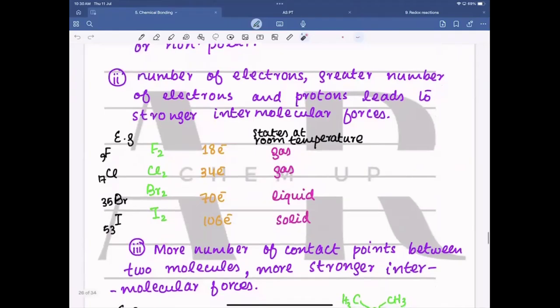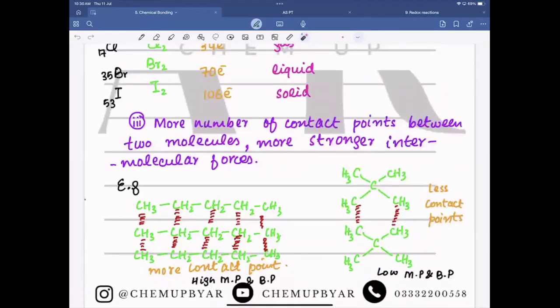Now, the next factor is the number of contact points between the two molecules. If one has more contact points between the molecules, it has stronger intermolecular forces. For example, both of these have the same molecular formula, C5H12, isn't it? But this structure is linear and this structure is a branched one. Due to the linear structure, two chains come closer to each other at many points.